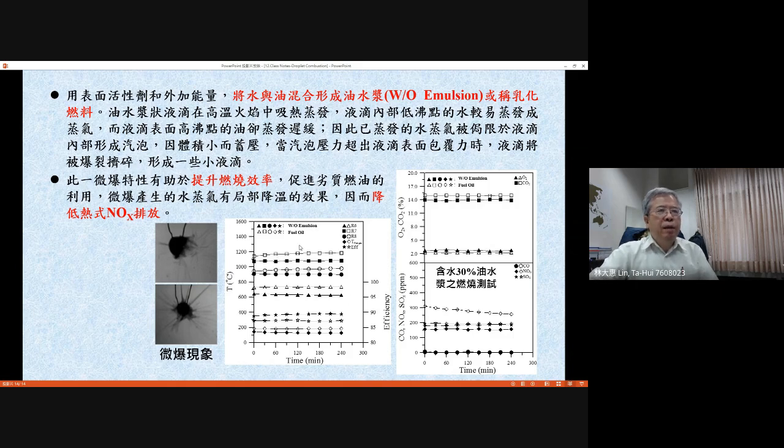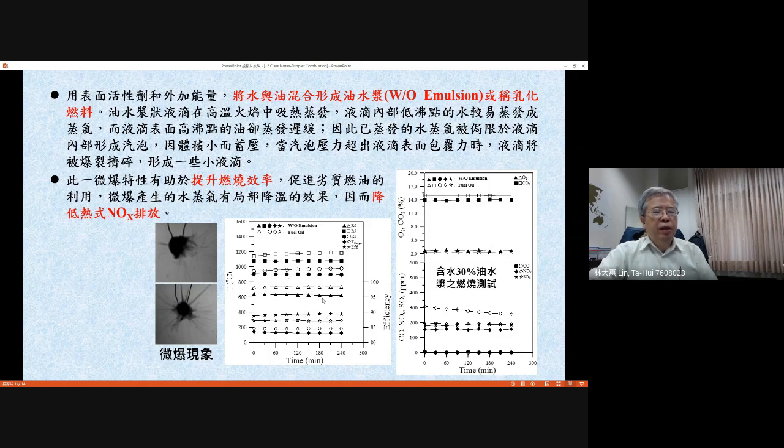Then the third one, you find they have the opposite influence on the efficiency. Look at the star symbols for efficiency. You can see the water oil emulsion has a higher thermal efficiency compared with that for the fuel oil.